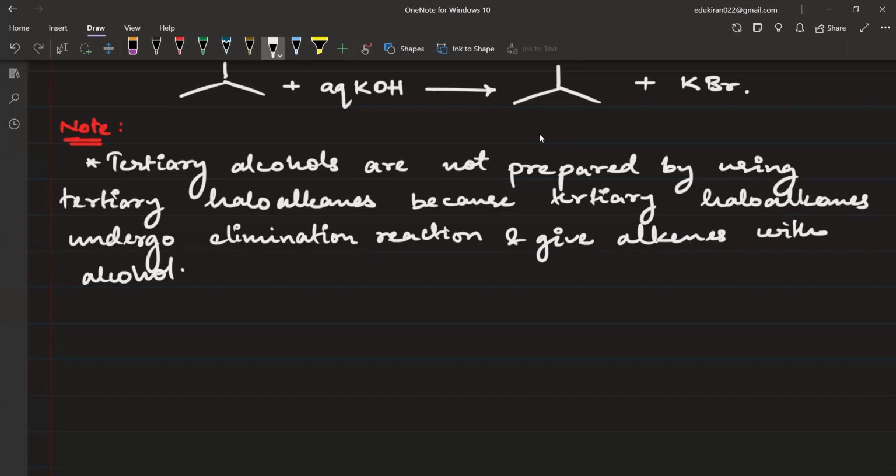That means we are going to get a mixture. So for example, if I have a carbon with three CH3 groups like this, and we have a Br group here. Now, obviously there will be, if I use aqueous KOH, right?